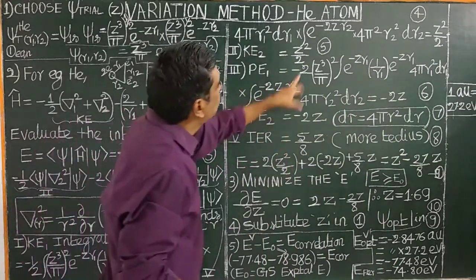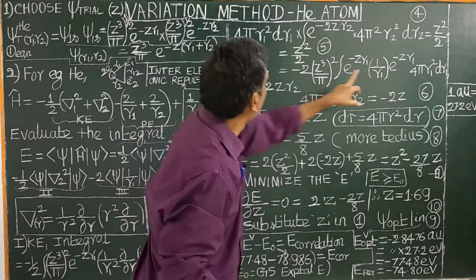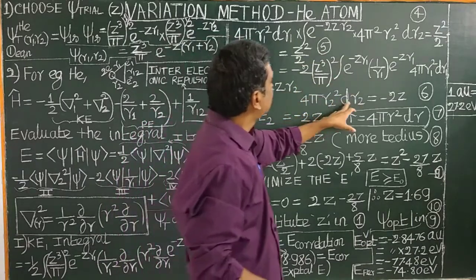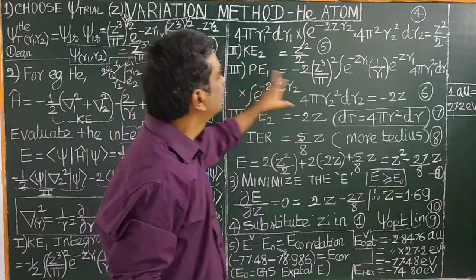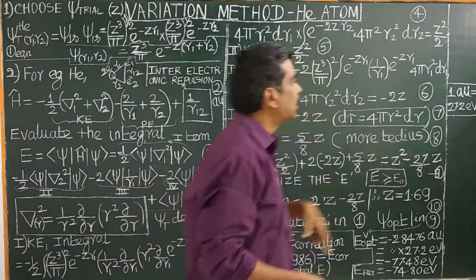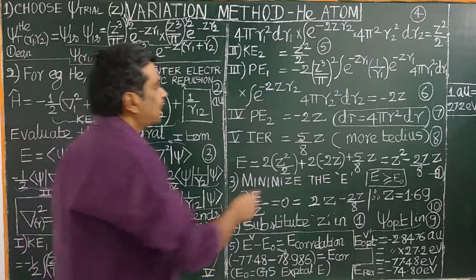e power minus 2Z, similarly here, for electron 2, 4 pi r2 square dr2. On evaluating the third integral, the value minus 2Z is obtained.